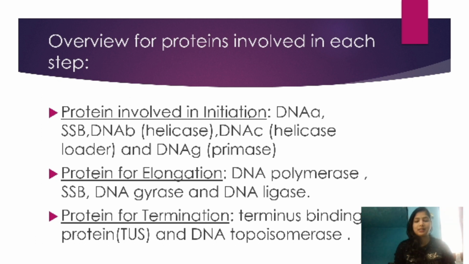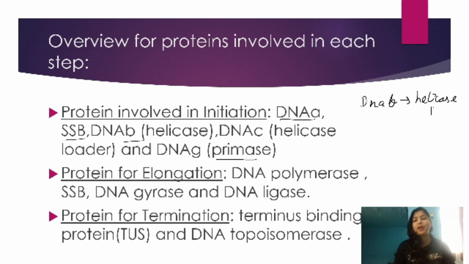Proteins involved in initiation: DNA A, SSB, that is single stranded binding protein, DNA B, that is helicase, DNA C is the helicase loader, and DNA G. DNA G is a primase. So DNA B will be the helicase.